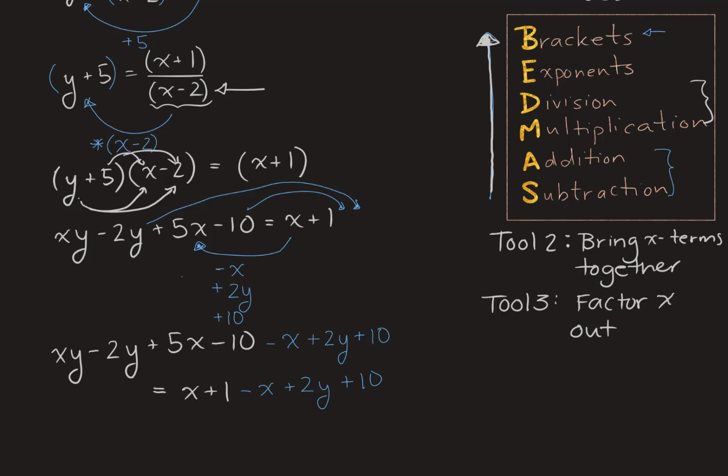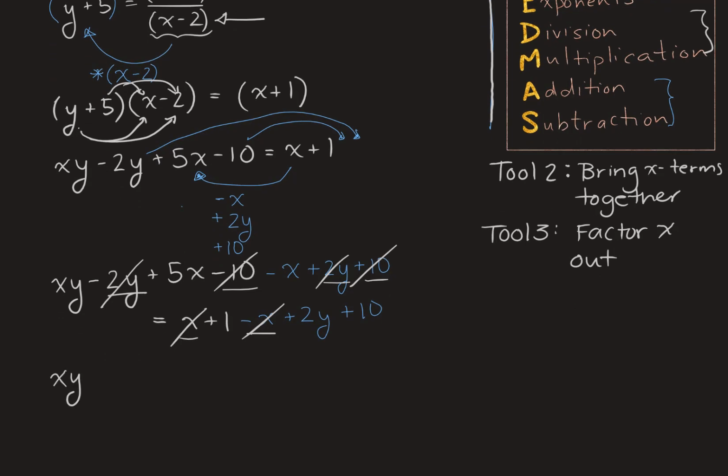So now let's simplify this. I have minus 2y and plus 2y, they cancel each other out. I have minus 10 and plus 10, they cancel each other out. I have x minus x, they cancel each other out.